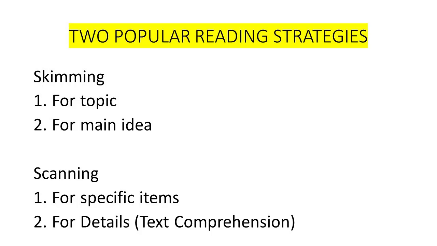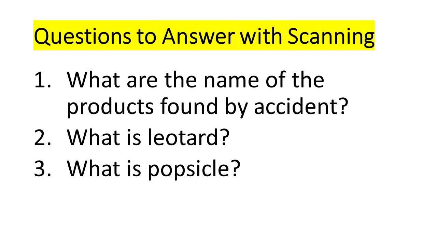But a question related to details is just like this: what is leotard? What is popsicle? And then of course you will get the definition from the text. That is a bit longer than the answer from number 1 here.